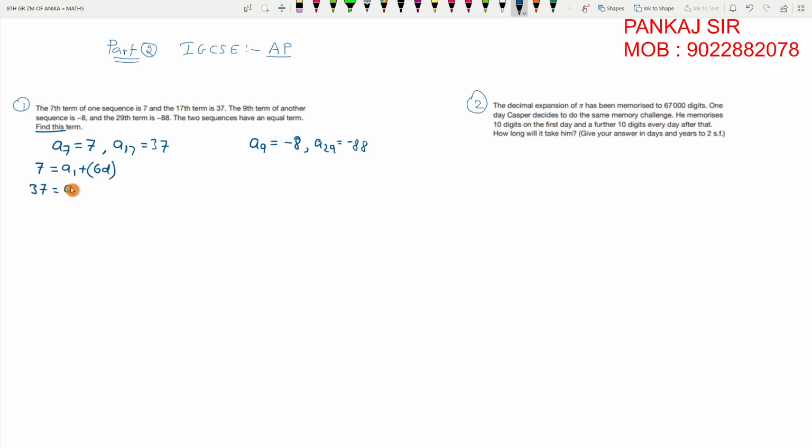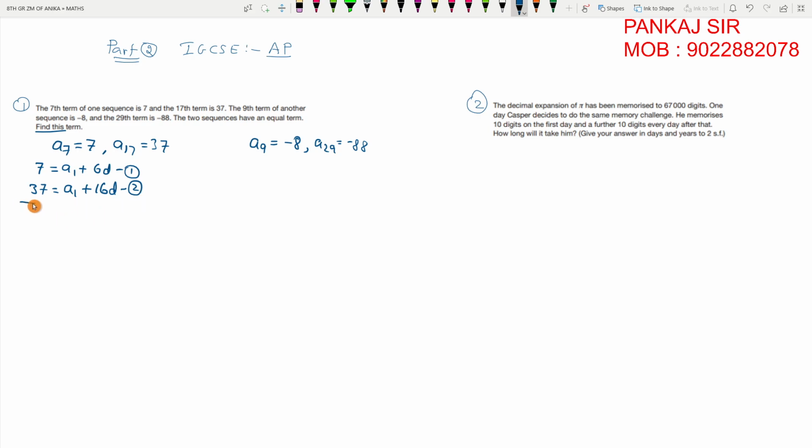This will be equal to A1, that is the first term, which we don't know, plus n minus 1, which will be 17 minus 1 is 16. So it will be 16D. So we get these two equations. It's 7 is equal to A1 plus 6D, and 37 is equal to A1 plus 16D. These are the two equations that we get, right?